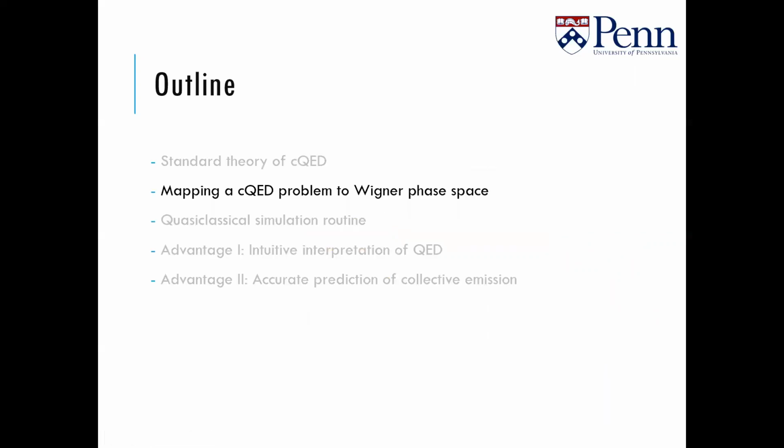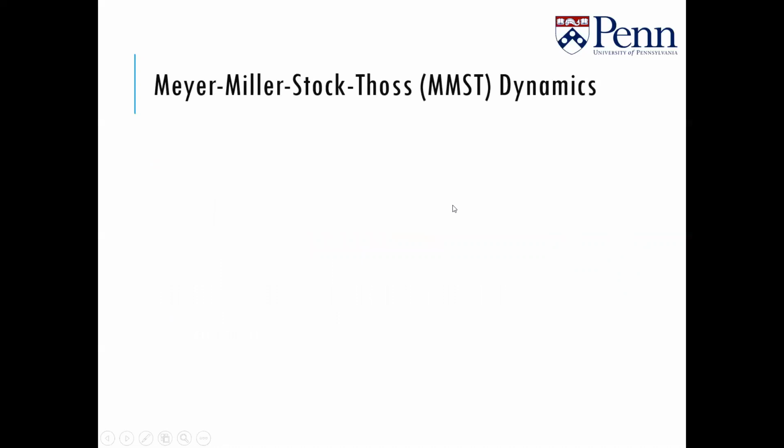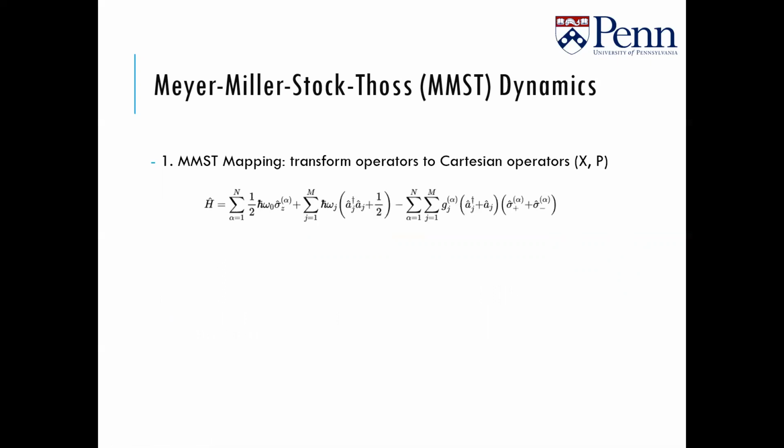The basic idea of how to map a cavity QED problem to phase space is as follows. We call this approach the Meyer-Miller-Stock-Thoss dynamics. In principle, for this dynamics, we first map all operators in the Hamiltonian to Cartesian operators. For example, this is the original Hamiltonian.